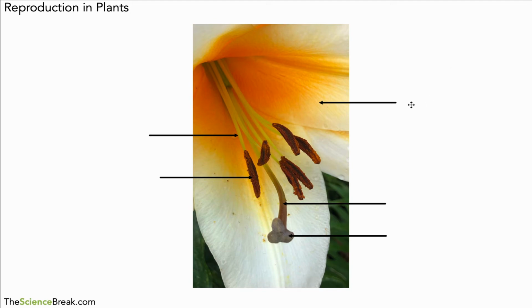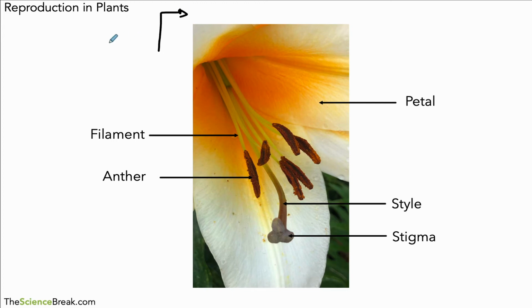We have a petal there, nice orangey color. There's the stigma and the style. And over on the left hand side, we have the filament that's holding the anther in place. So hopefully you got some, if not all of those labels for a flower. Ovary is not actually in this photograph, but it will be somewhere there if we took a photograph of the whole thing.